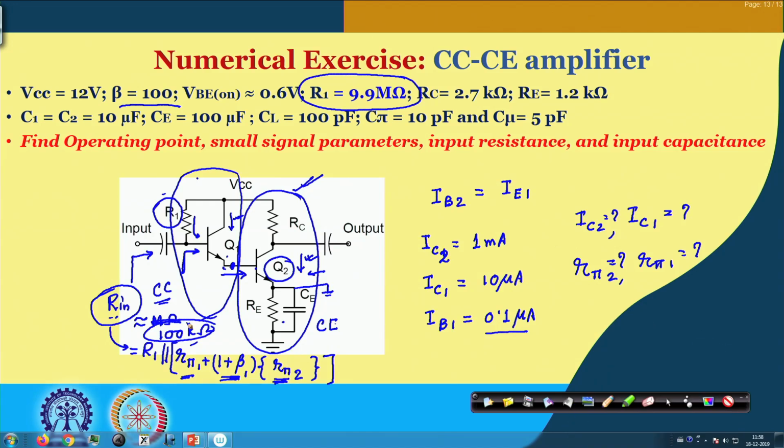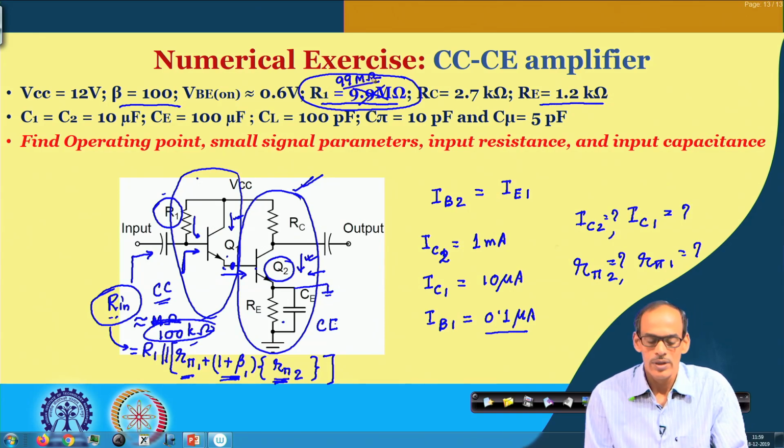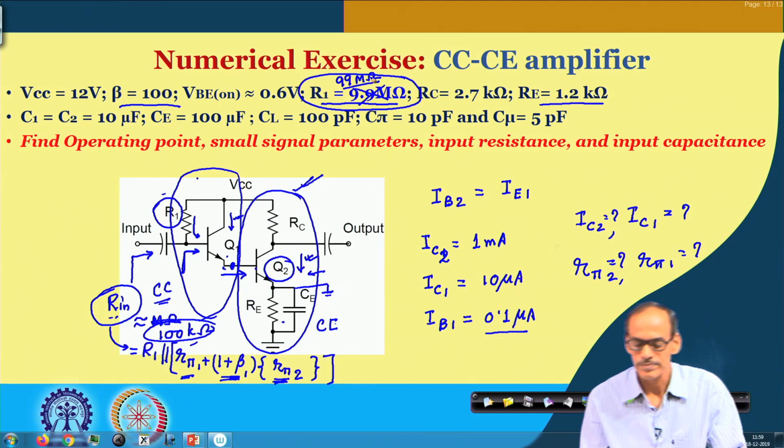So, you can solve this problem by considering R1 as, say, this mega ohm, and maybe you can consider this resistance as 1.2 kilo ohm. Sorry, you should not take 9.9 mega ohm, rather 99 mega ohm. You can consider 99 mega ohm, and then calculate the corresponding input resistance you are seeing.